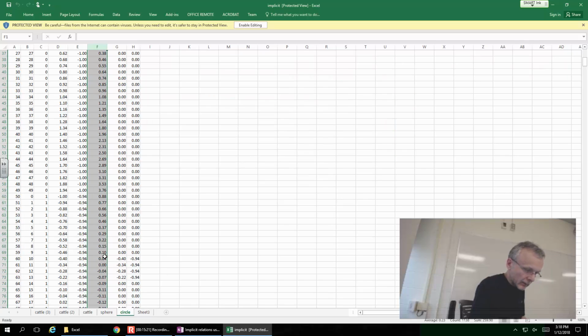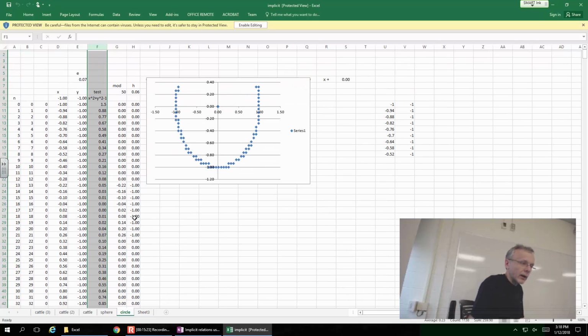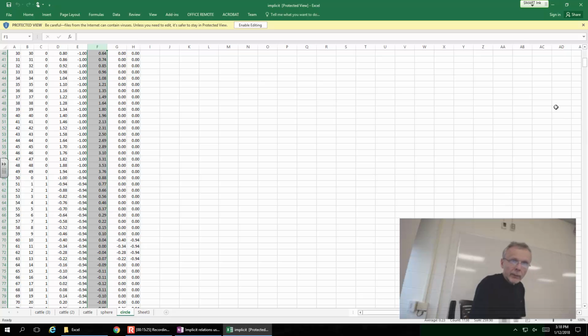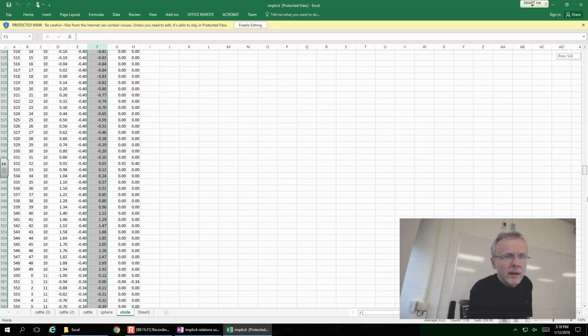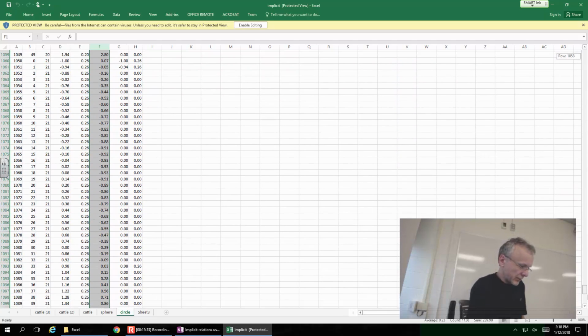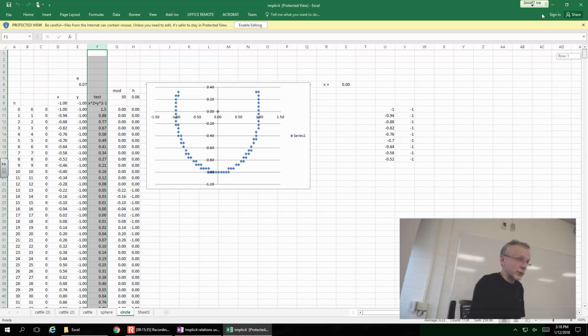Look at it. By the way, how many points do I have here? Well, you can imagine, it's 1,000 points or so. Testing with the function, all you need is maybe 10, 20, 100 points at most.